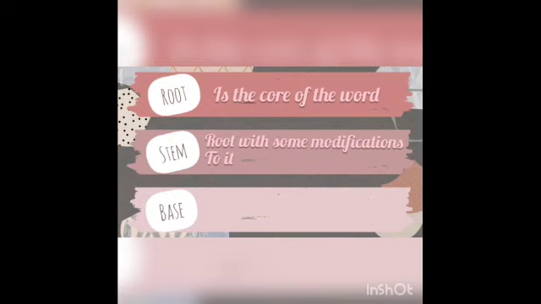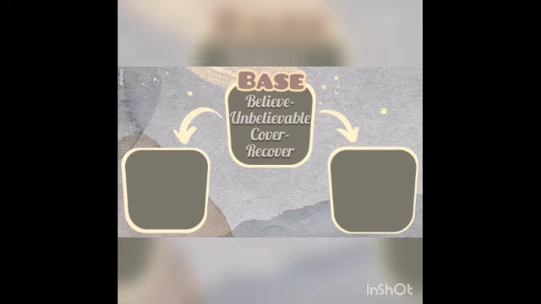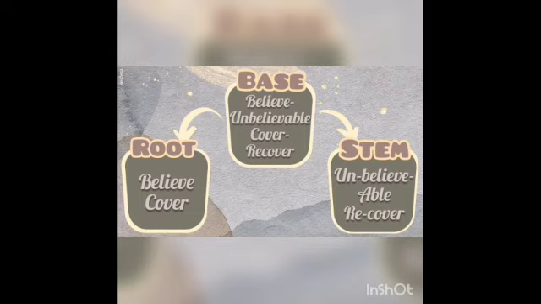Sedangkan base is a word form that includes both root and stem. Base itu adalah yang mencakup antara root dan stem di dalamnya. The examples: base, believe, unbelievable, cover, recover. Rootnya believe and cover. Sedangkan stemnya unbelievable and recover.